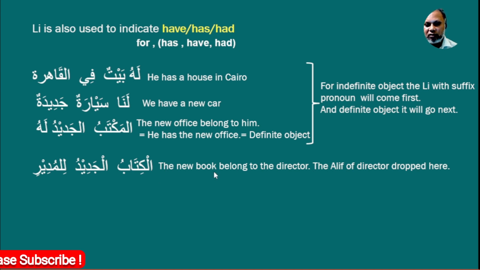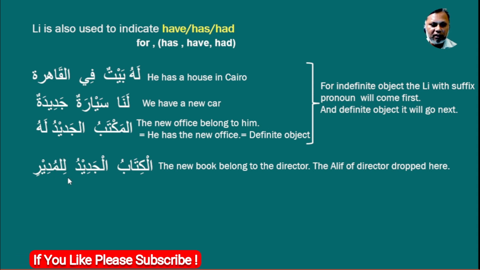Now see one more example. The new book belongs to the director. Al-kitabu al-jadidu lil-mudiri. Look here, al-mudiri is the director. The alif of al-mudiri dropped out.